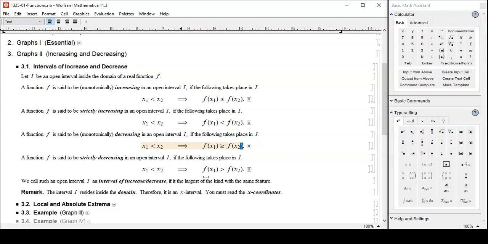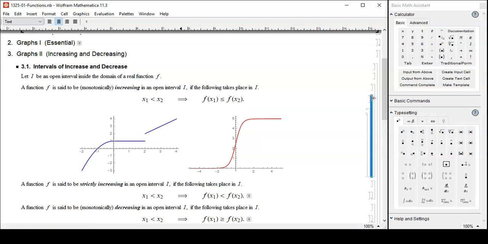And those are the largest of its kind. What do you mean by that? What do you mean by the largest? Well, let's go back to this picture. It's okay to say that it's increasing in 3 to 4, or interval 2 to 4, or 2 to 2.5, or negative 1 to 1. But you're looking at only microscopically.